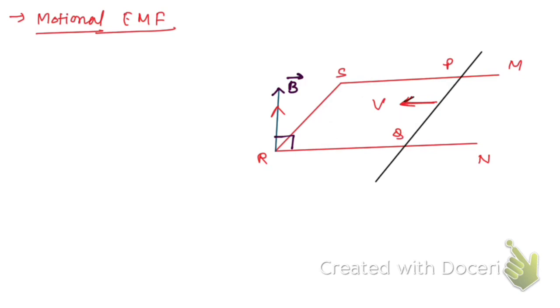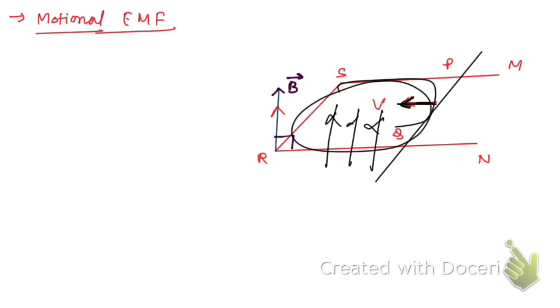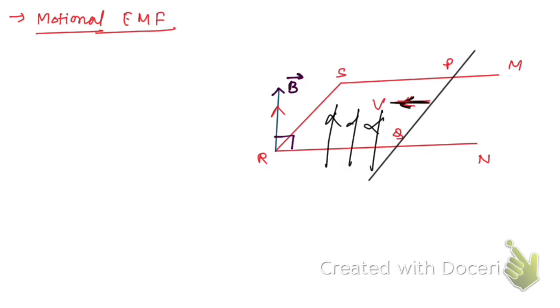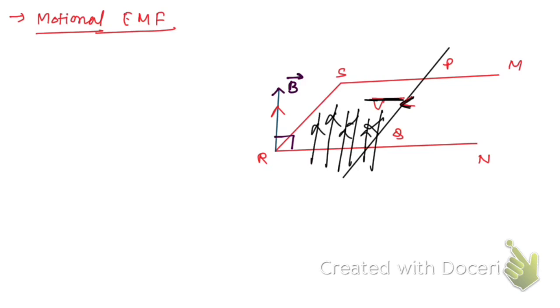Due to the motion of this conducting arm over the two arms MS and NR, the magnetic flux through this closed circuit will change, because as you move it through the magnetic field, the area will be reduced, and due to the decrease in area, the number of lines passing through this frame will also decrease.